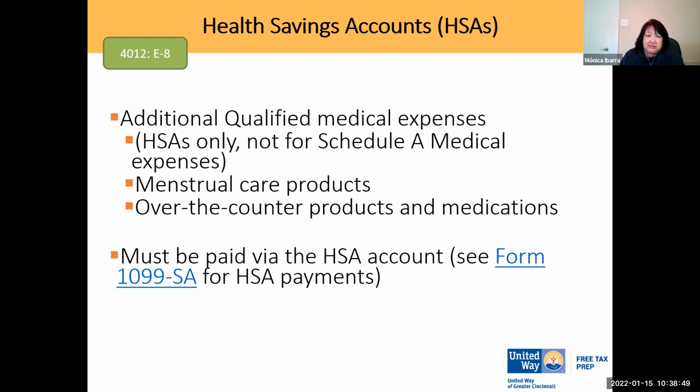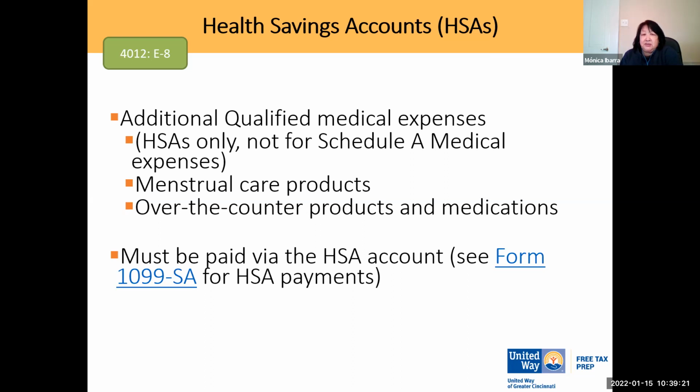Qualified medical expenses include menstrual care products and over-the-counter products and medications. And they have to be paid via a health savings account. Generally when you have a health savings account, they give you a credit card or debit card looking thing, and that's what you use to pay your medical expenses. So you're doing two parts to reconcile the health savings account.